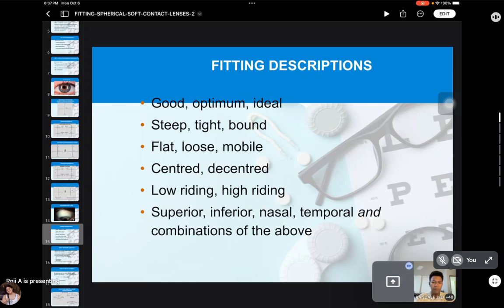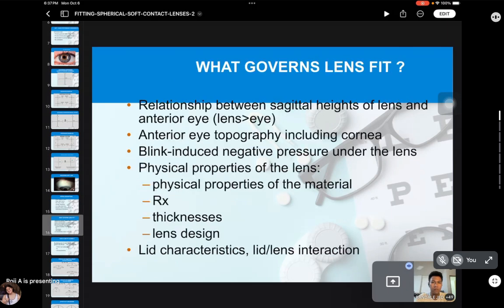And then there are two other fits which you don't like: a steep, which is tight and bound, or a flat, which is loose and mobile. It moves a lot. Low riding is when the contact lens is inferiorly located, high riding is superiorly located, and that's self-explanatory.